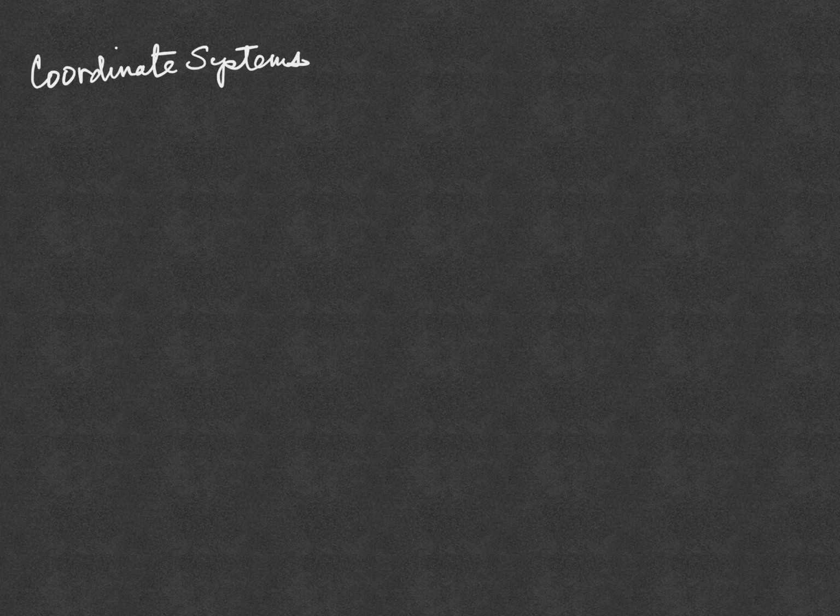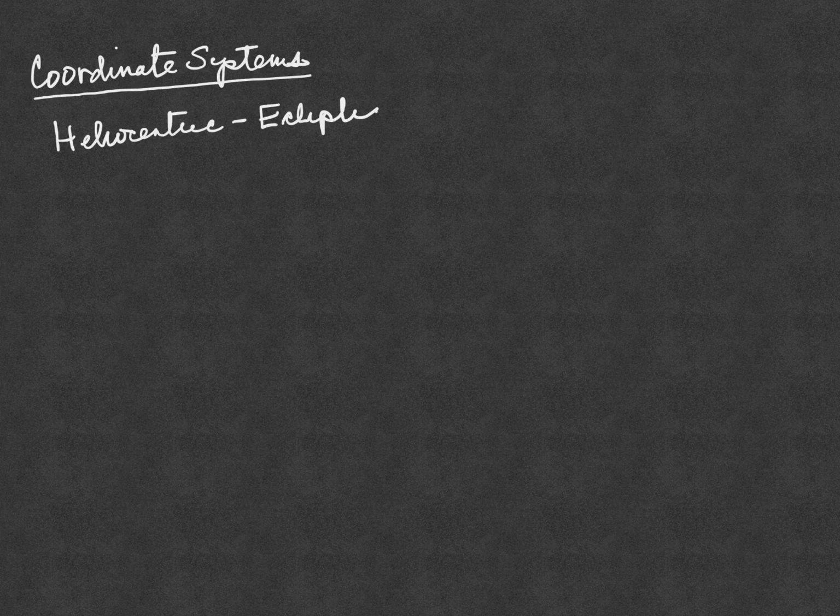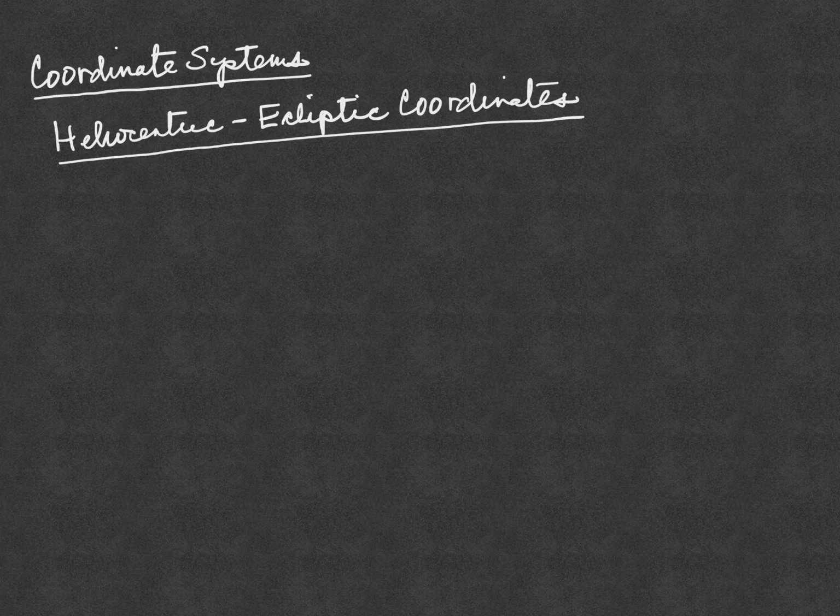The first of these coordinate systems that is of importance is what is called heliocentric-ecliptic coordinates. Now, as the name heliocentric would imply, this is a sun-centered coordinate system.